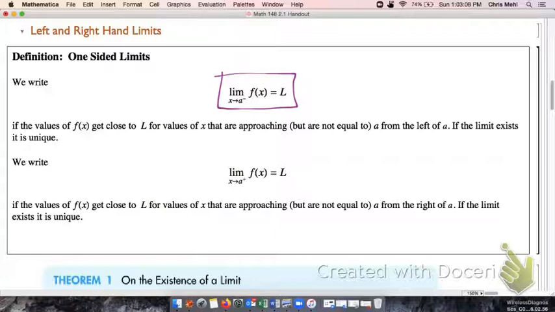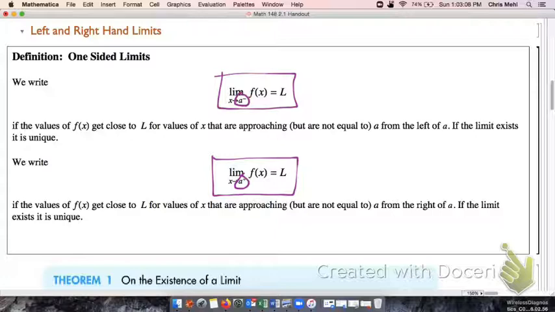So when I write, if you look in the subscript here, notice that I'm approaching a and there's a negative, seemingly superscript or power. That minus sign means that I'm approaching a from the left, or from values of x that are less than a. And then there's the same notion right here. This would be a right-hand limit, so the plus sign in the superscript means I'm approaching a on the x-axis, but this time from the right.